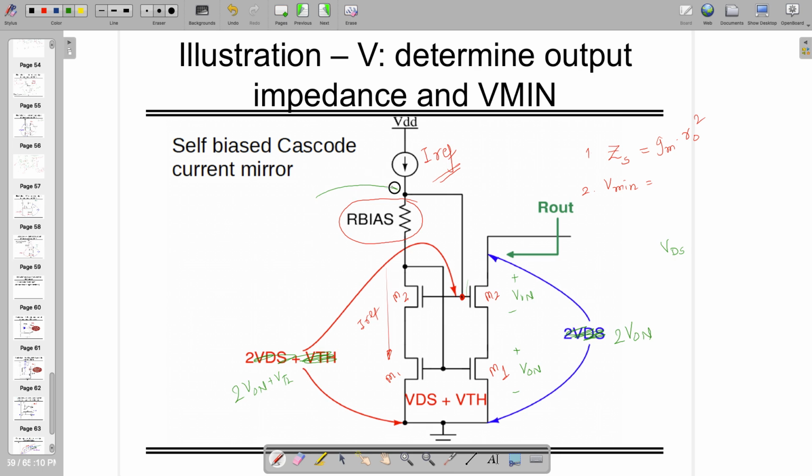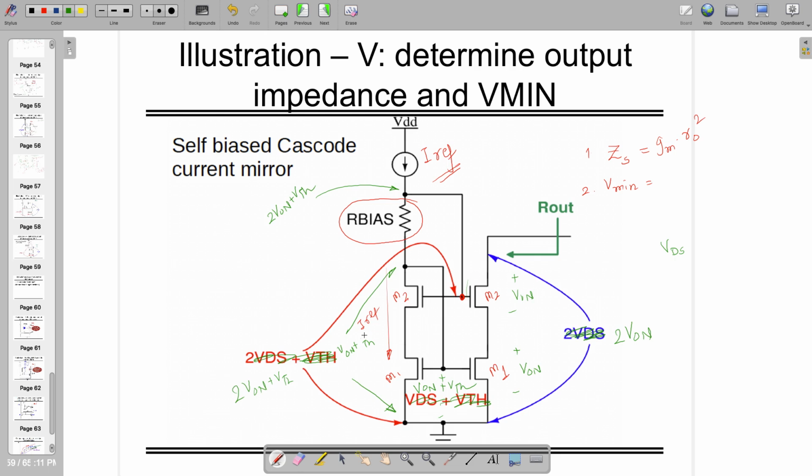So if this potential is 2 V on plus VTH, we are left with the fact that if this is V on, this gate requires V on plus VTH. If this is V on plus VTH, in total we require V on plus VTH potential.